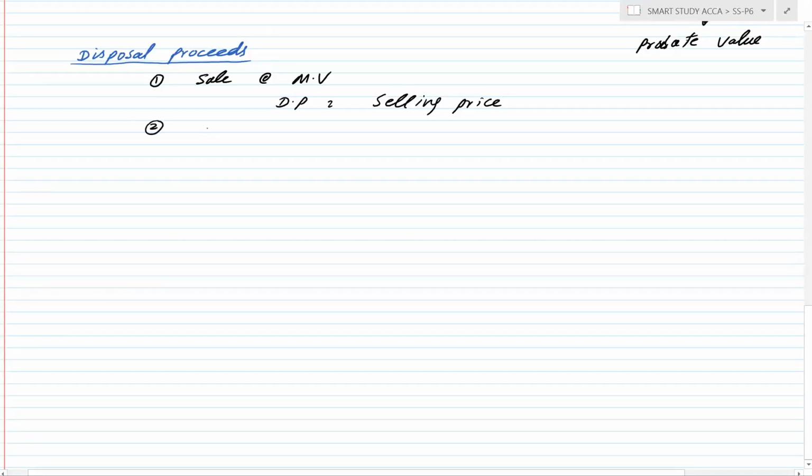Secondly, in case of gifts or sale at undervalue, in both these cases, disposal proceeds will be market value.